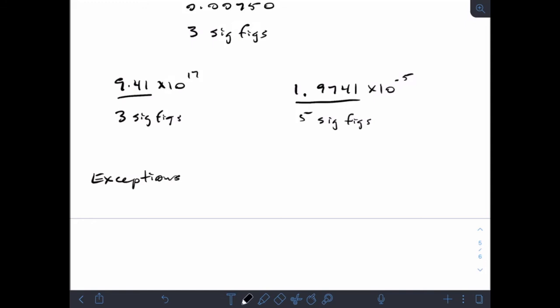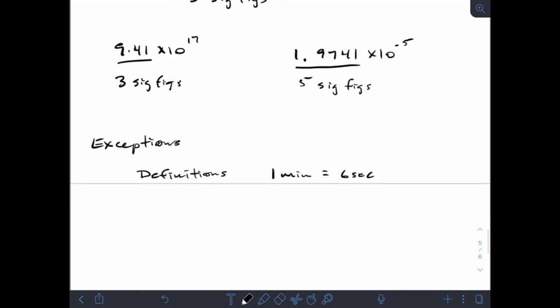Right, so exceptions fall under two categories: definitions. Okay, so things like 1 minute equals 60 seconds. Right, that's a definition. 1 inch is exactly 2.54 centimeters.